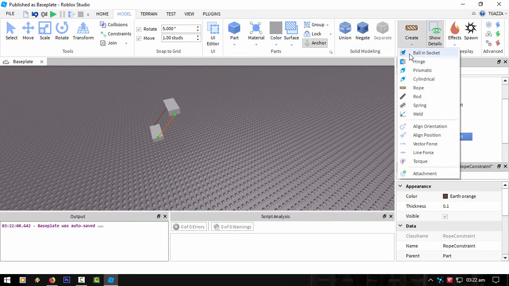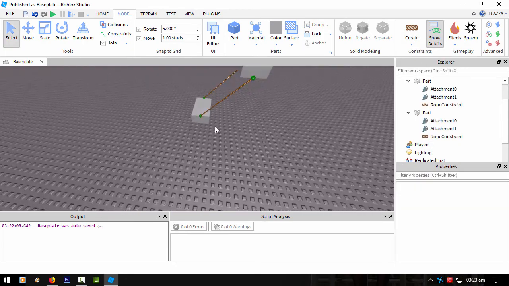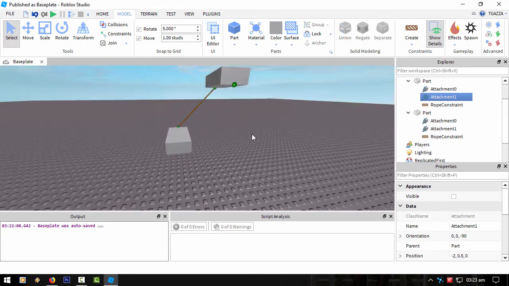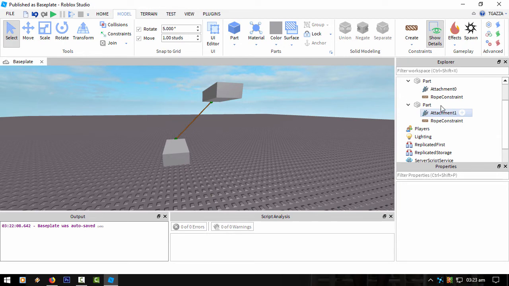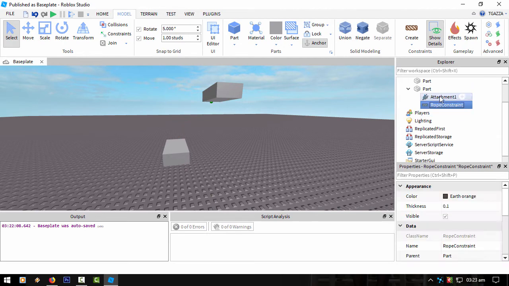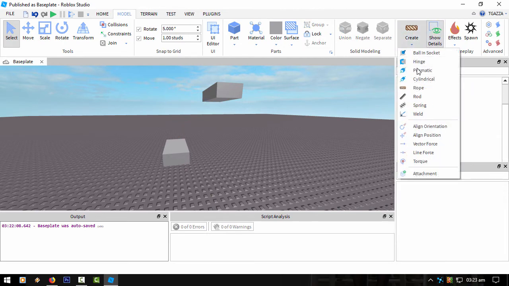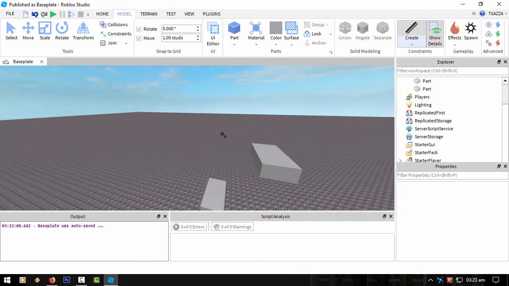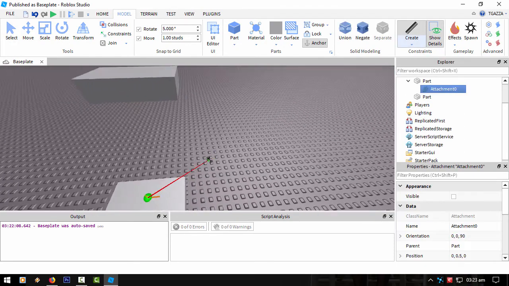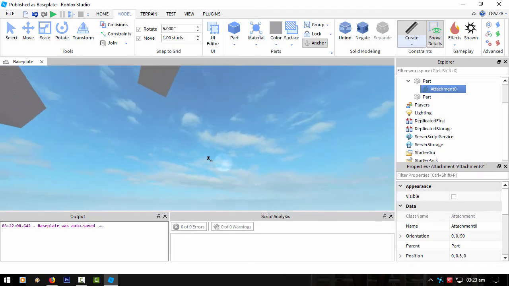So that's the rope. I don't think you can move that. It'd be weird if you could. The rod constraint is like the prismatic constraint without a motor. I'll show you. Like if I get rid of these, rope, rod even.